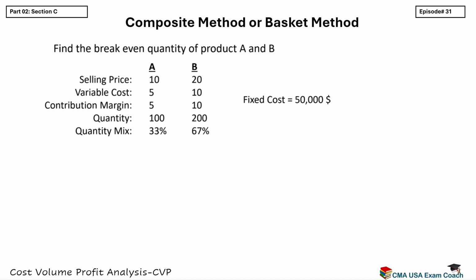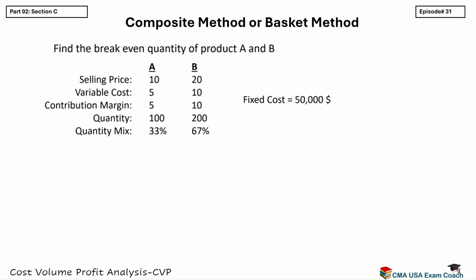Quantity in the sales basket is 100 units, and the mix percentage is 33%. For product B, selling price equals $20. Variable cost equals $10. So contribution margin per unit equals $10. Quantity in the sales basket is 200 units, and the mix percentage is 67%. The fixed cost is given as $50,000.